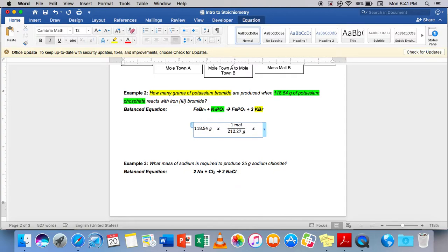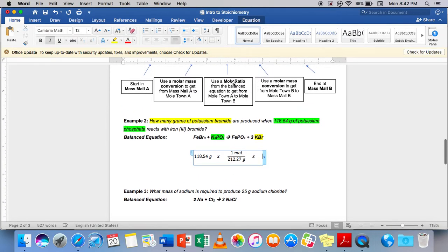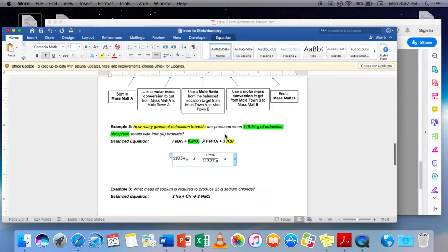Getting to moles: whenever you do 2 different substances, you have to convert to moles first, because the next step is to do a mole ratio. We look at the top, use a mole ratio, and that comes from the balanced equation.